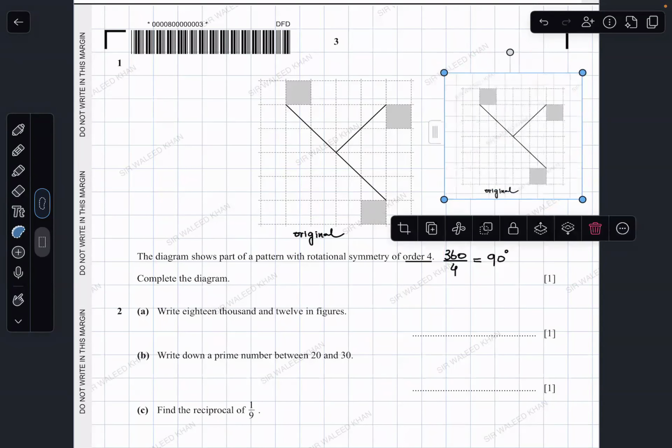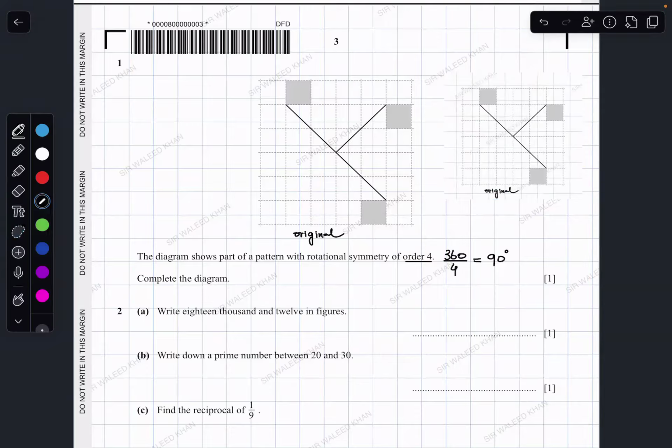So first of all, let's mark them. You can do it with tracing paper, and you can do it directly like this. You mark the rows and you number the shaded boxes.